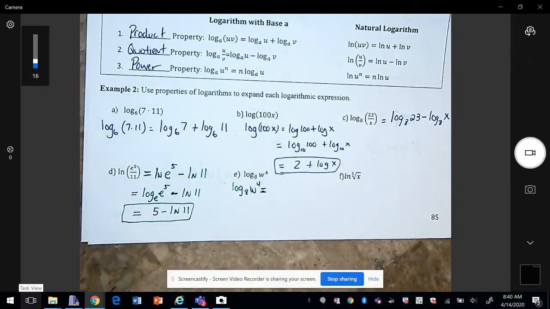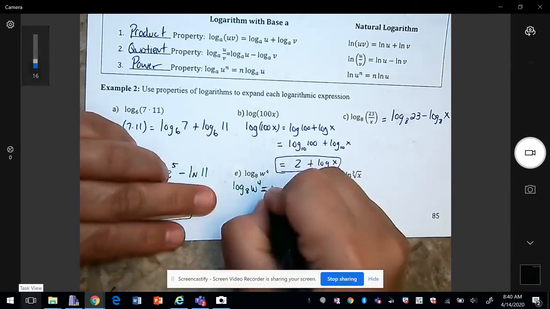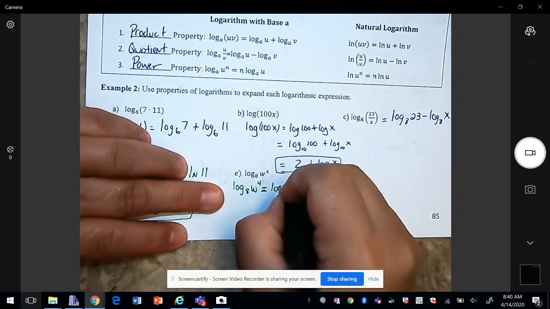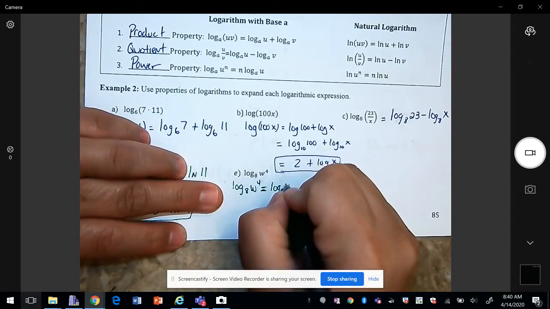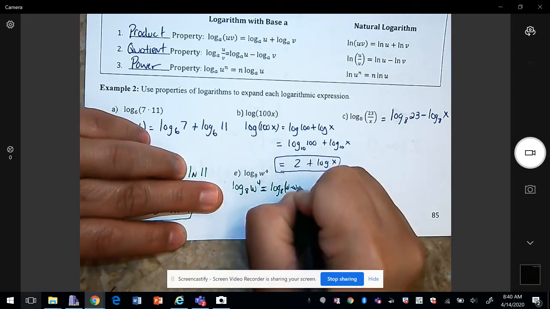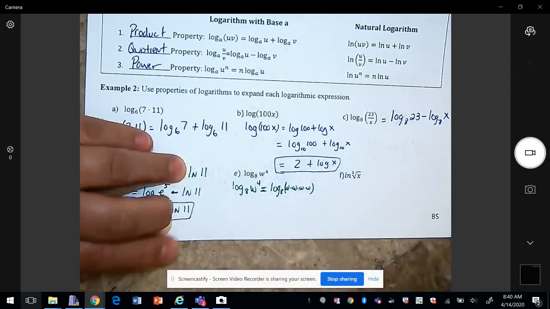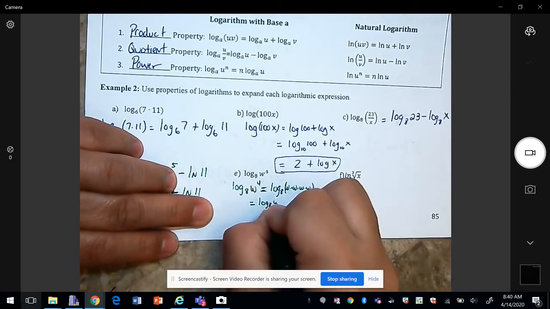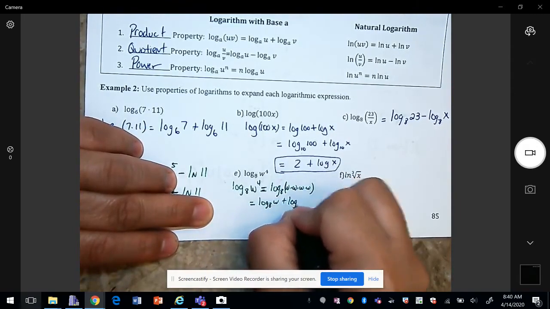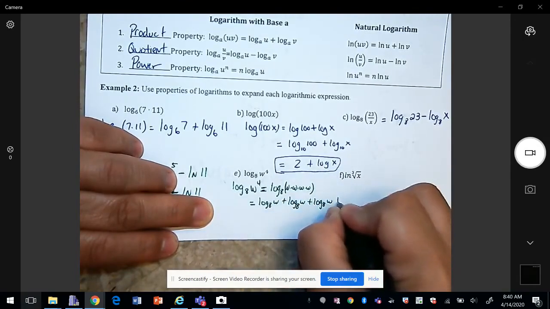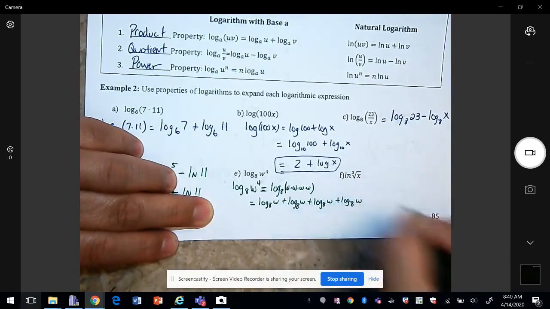We can rewrite this multiplication as log base 8 of w times w times w times w, which would then be log 8 w plus log 8 w plus log 8 w plus log 8 w.